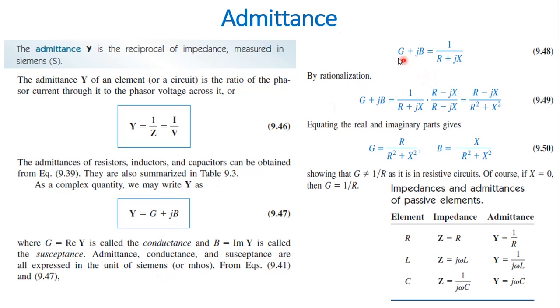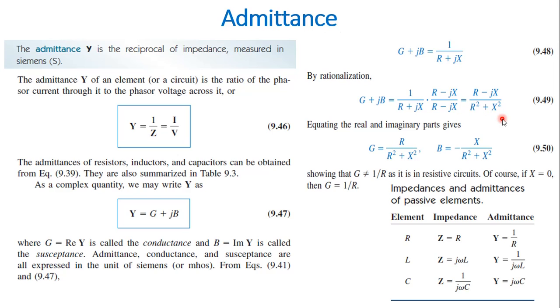Now let us write both the admittance and the impedance in complex form. Admittance is G plus jB, which is equal to 1 by impedance, and impedance can be written as R plus jX. Simplifying this, we get G plus jB equal to R minus jX by R square plus X square.